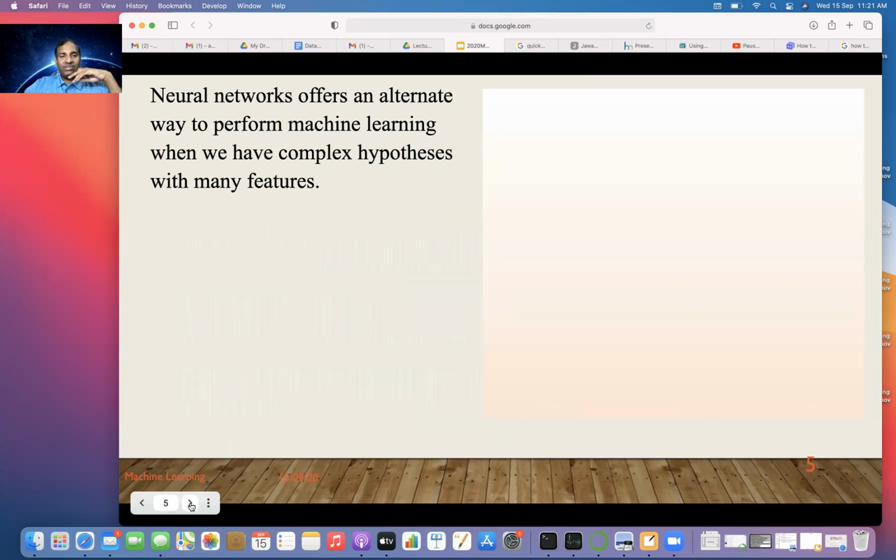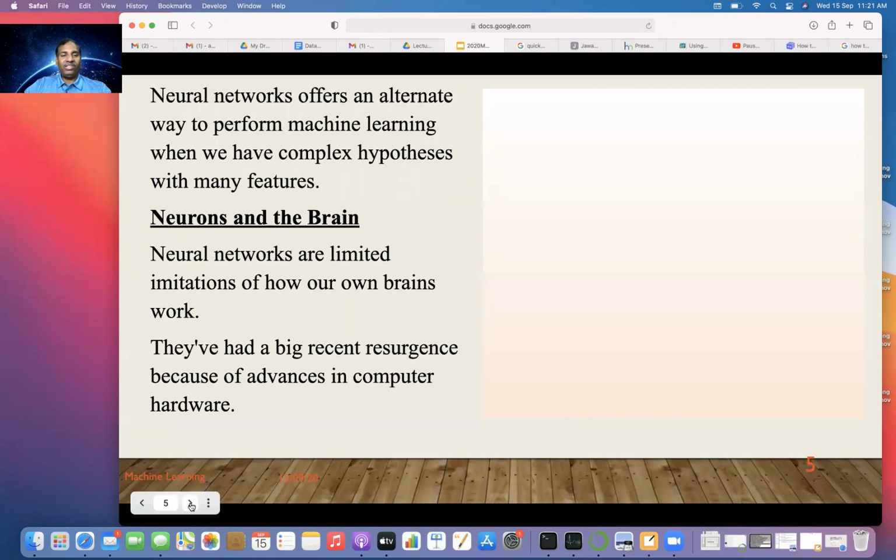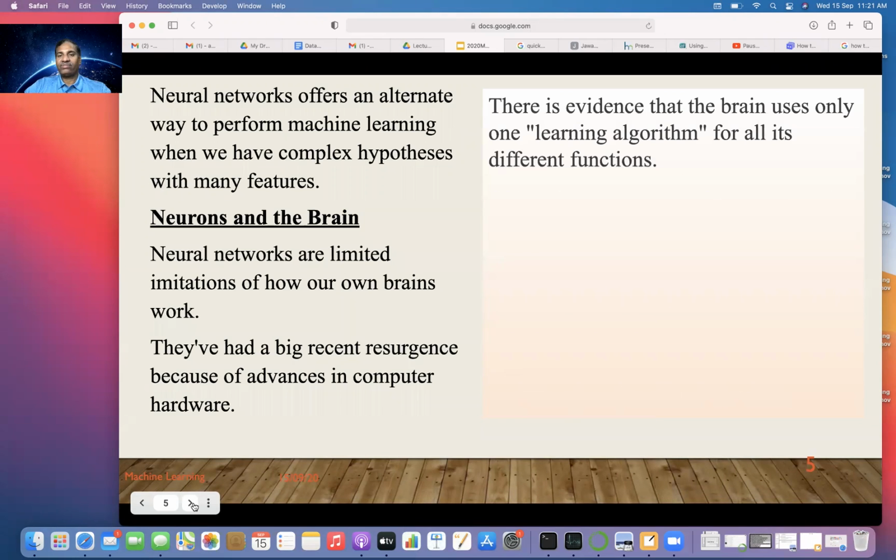So neural networks offer an alternate way to perform machine learning when we have complex hypotheses with many features. Some analogy is given here of how the brain works. Neural networks are limited imitations of how our own brain works. They have had a big recent resurgence because of advances in computer hardware. When you study the brain, there are so many connections inside.